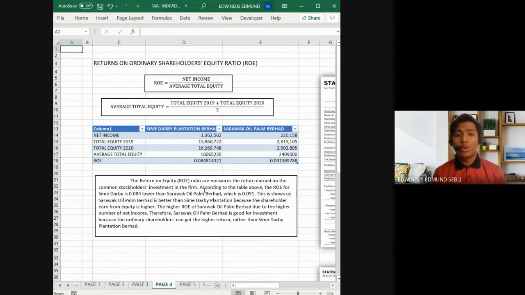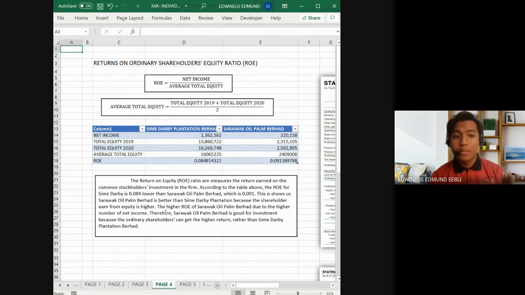Okay, the return on equity measures the return earned on the common stockholders' investment in the firm. According to the table above, the ROE for Sarawak Oil Palm Berhad is better than Samdabi Plantation because the shareholder earnings from the equity are higher.